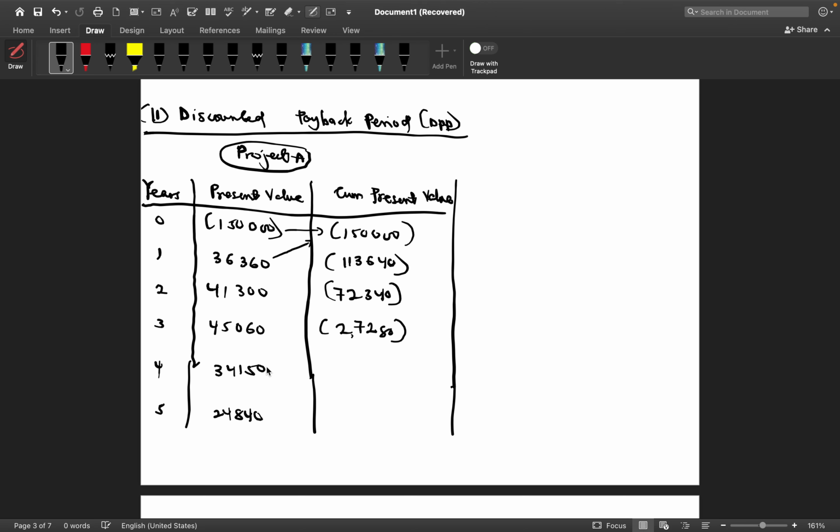Subtract 34,150. So you will notice that 27,280 minus 34,150 is giving us a negative number. So the same concept: once you realize you are running into negatives, you pause. The last number here was 27,280, so you write it here.